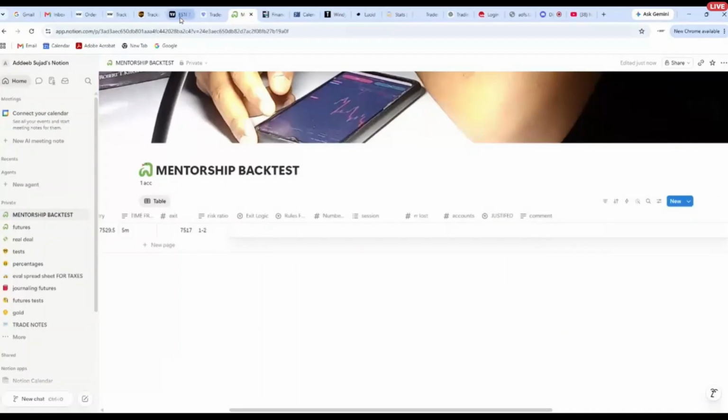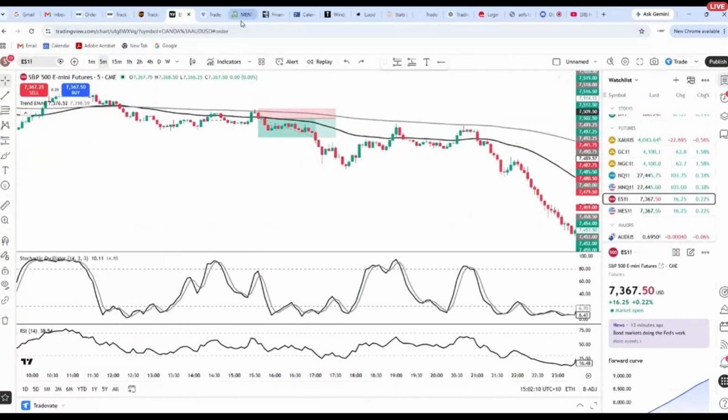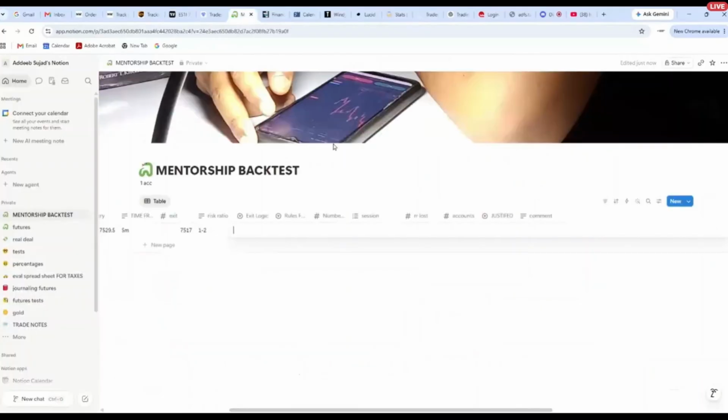Basically, we explain what I explained to you. I'll just write it down. The first entry wasn't the best because of no liquidity grab.